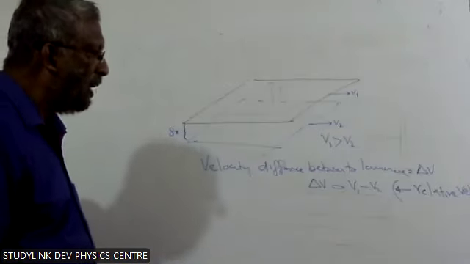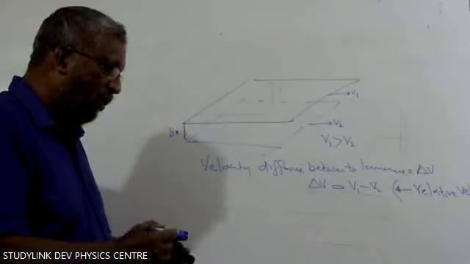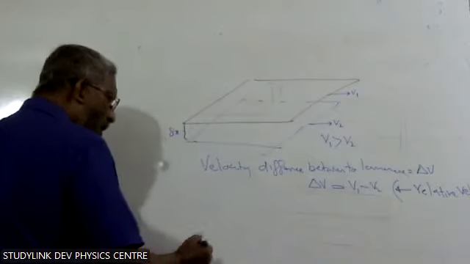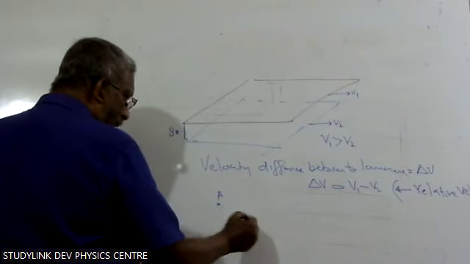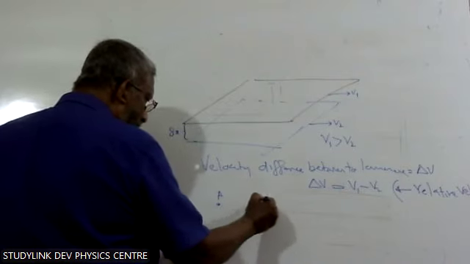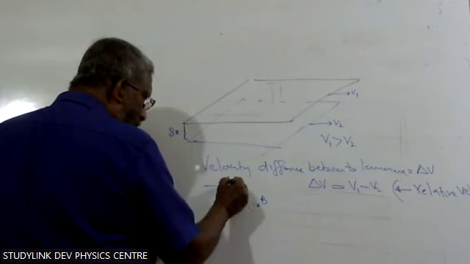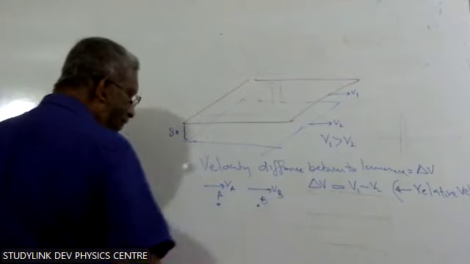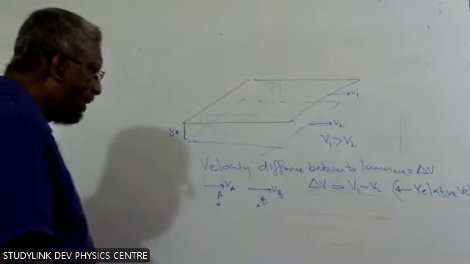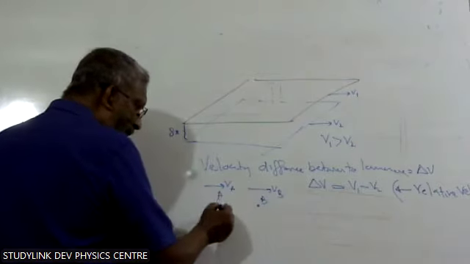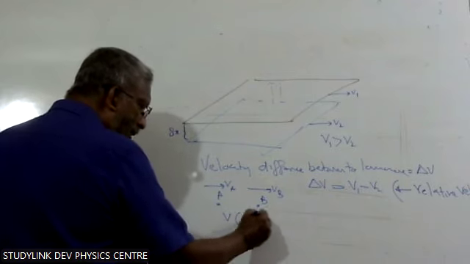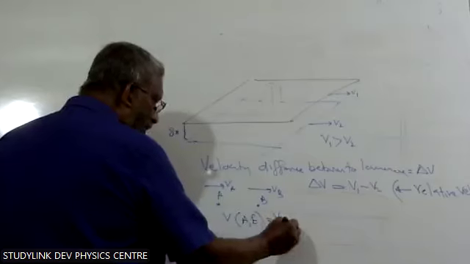The relative velocity, we know normally A and B are two objects. This is the mechanics part. They are moving in the same direction, VA, VB. Velocity of A relative to the earth is VA.